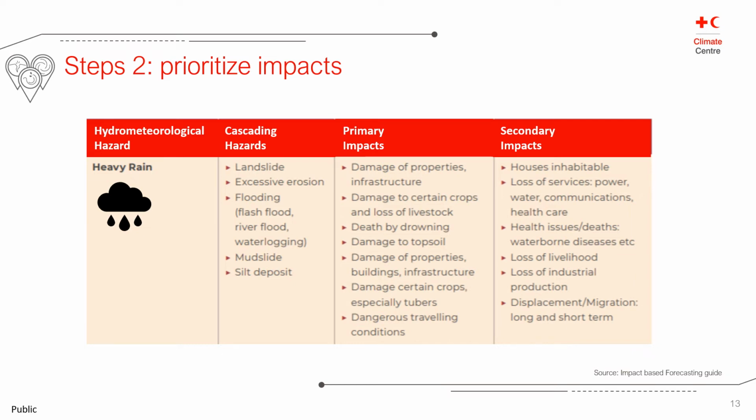And then you look at the primary impacts: what was the immediate impact that the hazard produced? But it is also important to look into the secondary impacts, because maybe you will be interested in focusing on reducing those secondary impacts, or maybe you decide to focus on one of the particular primary impacts. That analysis is very important to be done for all the different hazards that you have prioritized.